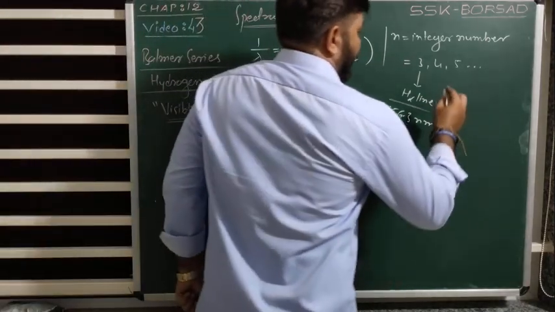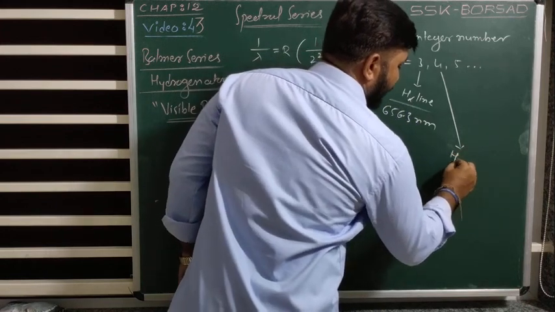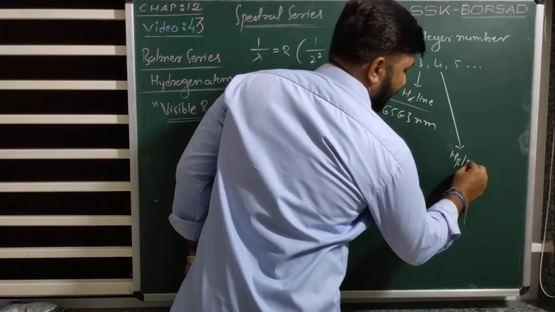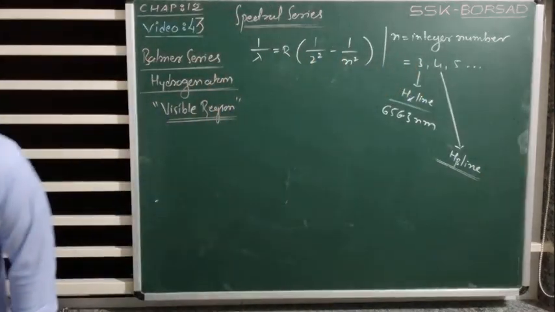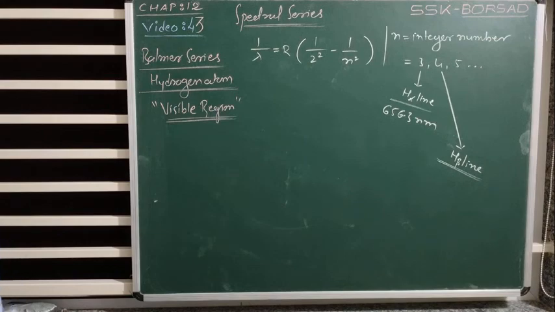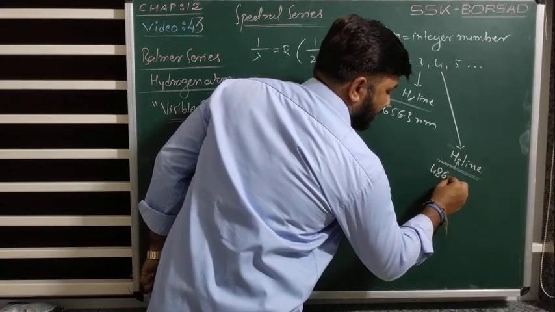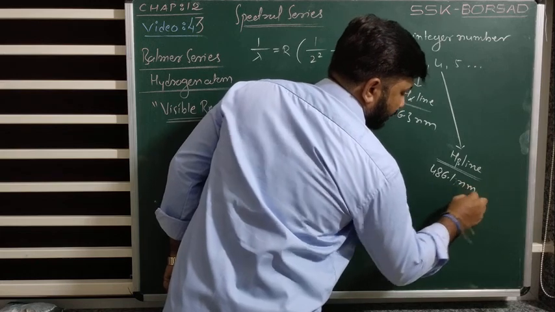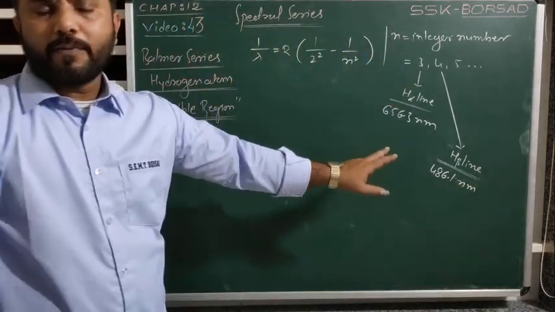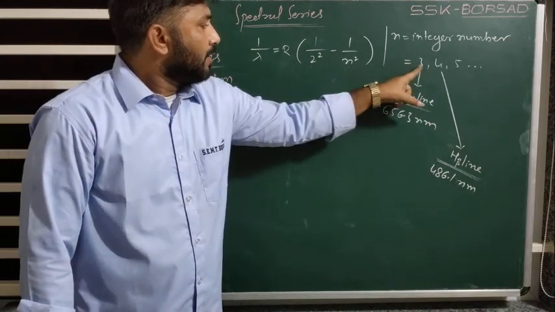If you take n is equal to 4, then you will get H beta line, and this H beta line has wavelength 486.1 nanometer. Right? You don't have to remember that data. Why? Because you just have to put the values.